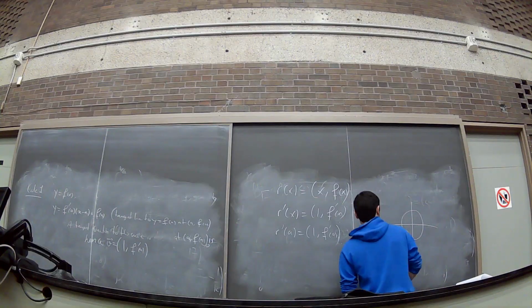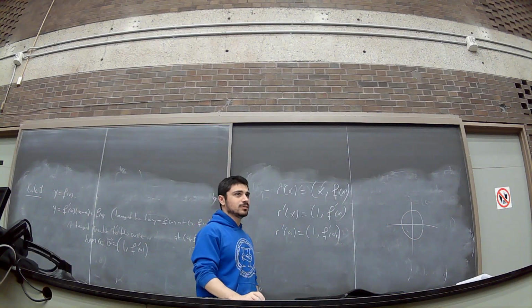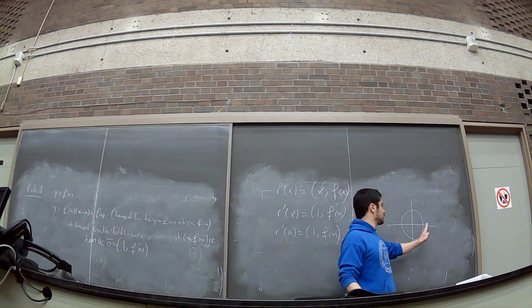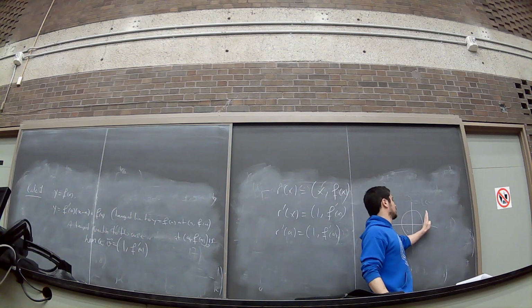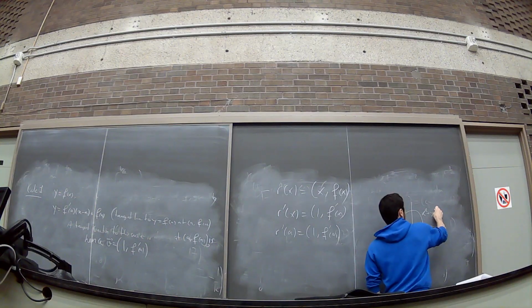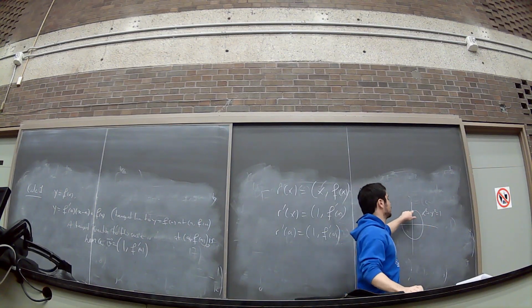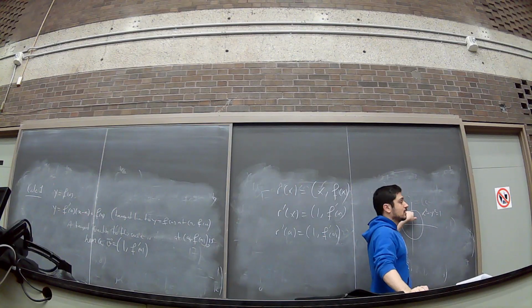Let's take the circle. The unit circle. Let's try the unit circle. At the point on top, what vector do you expect to be tangent at this point?